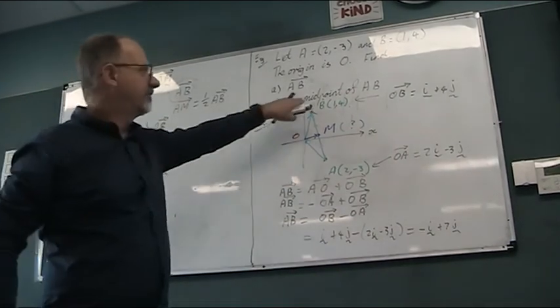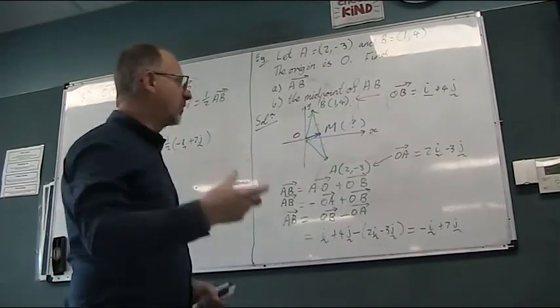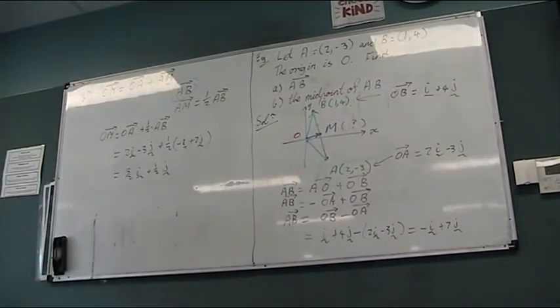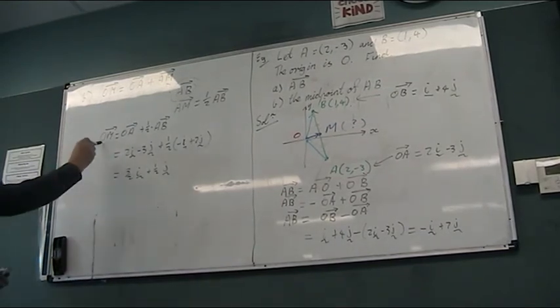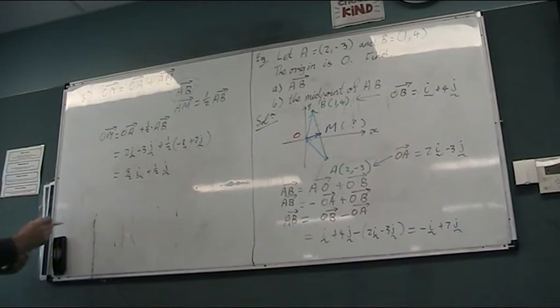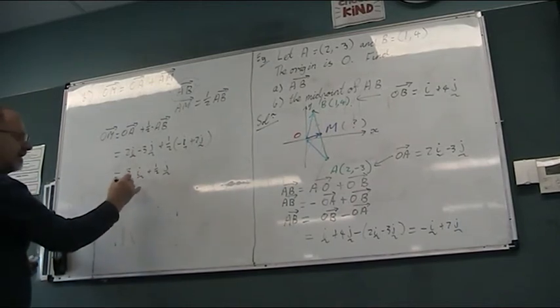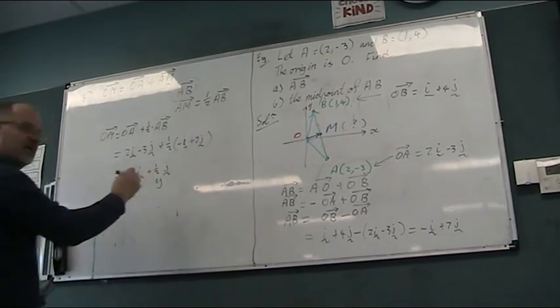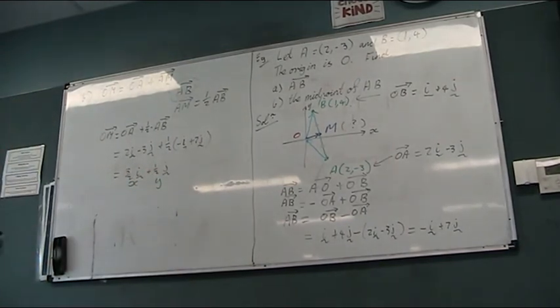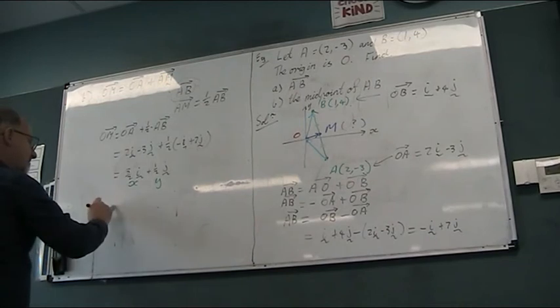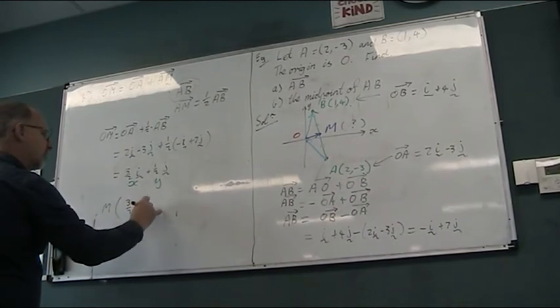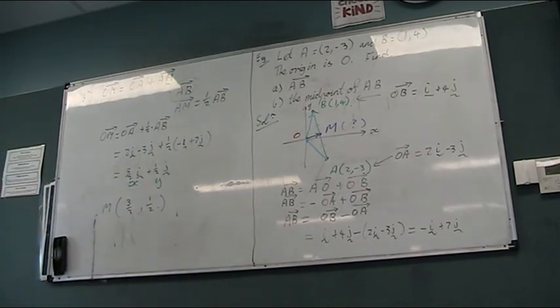It asked us for the midpoint, so the coordinates, the x and the y. Now, the coordinates we get from the position vector, because the i is in the x direction and the j is in the y direction. So point M has coordinates 3 over 2 and 1/2.